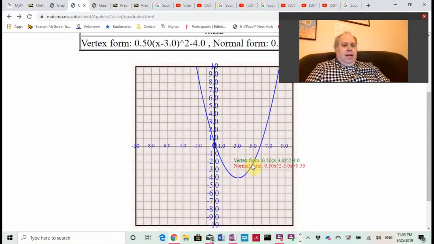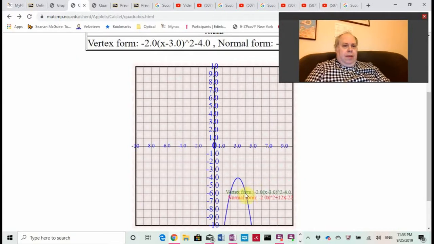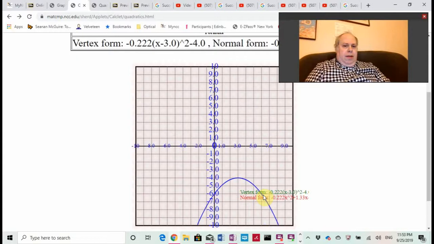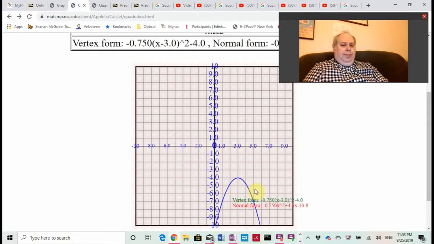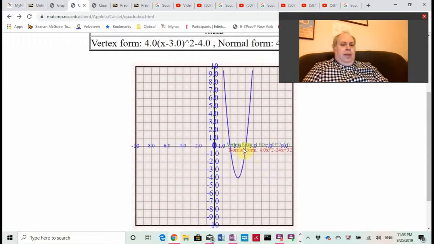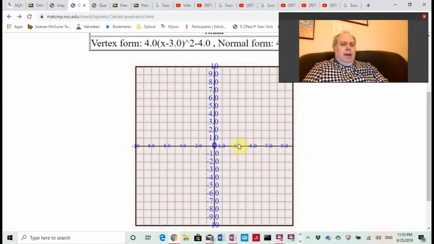So small fractions make it go really wide, and negative numbers make it go upside down. So this is the negative 2x squared quadratic. Goes down. Okay. So why am I doing all this? The narrower the quadratic, the larger the number we're multiplying the x squared part by. The wider the quadratic, the smaller the number we multiply x squared by.